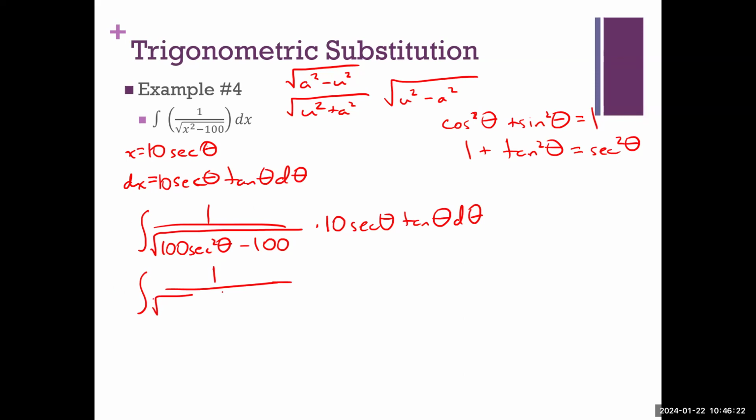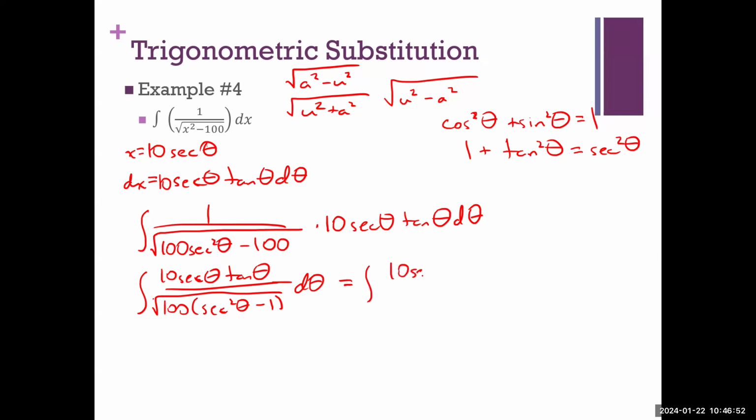If I factor out 100, then I get secant squared theta minus 1. What is secant squared minus 1? Anything convenient? That is equal to tangent squared. Good. So I think because of that, yes, that substitution was the right way to go.